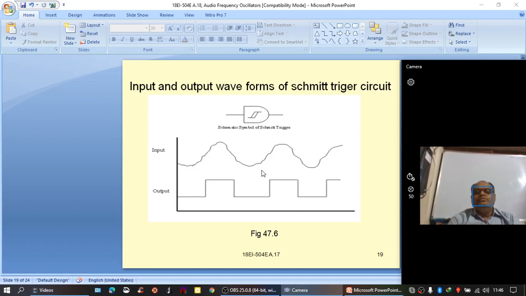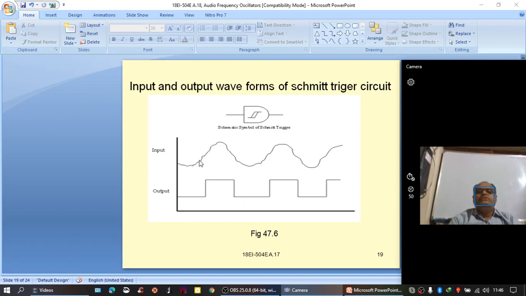And here one point to be kept in mind is that the potential at which the output of the circuit changes from low to high is called the upper threshold potential, and the potential at which the output of the circuit will change from high to low is called the lower threshold potential.